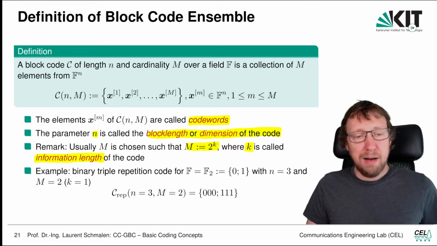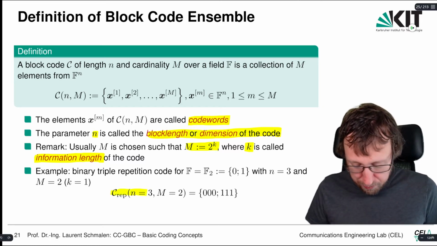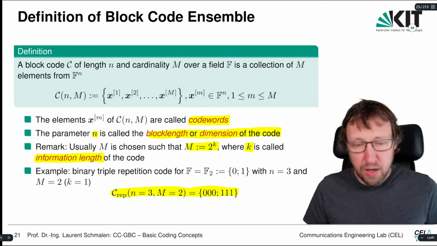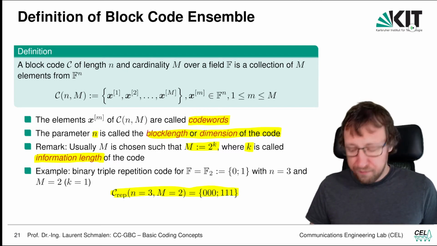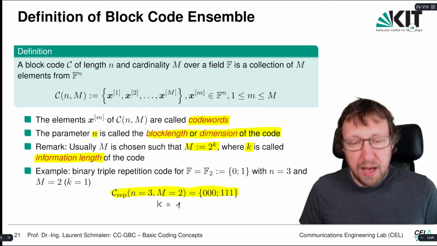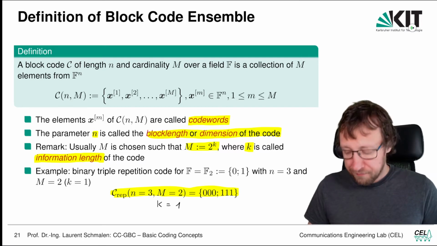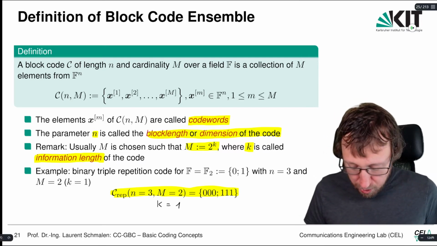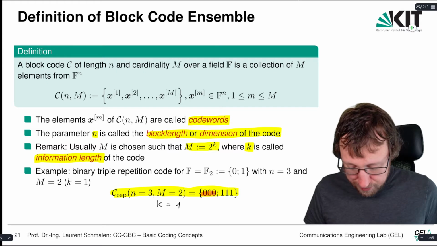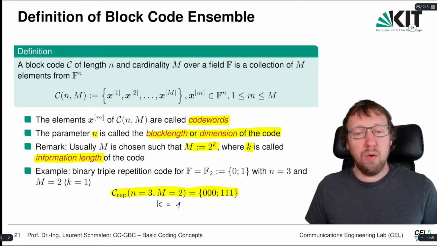The very first example is the code given here, and we call this the repetition code. It has 2 code words, m equals 2, so that means k is equal to 1, and n is equal to 3. The dimension of the code is equal to 3, and we have 2 code words. The first code word is 0, 0, 0, and the second code word is 1, 1, 1.